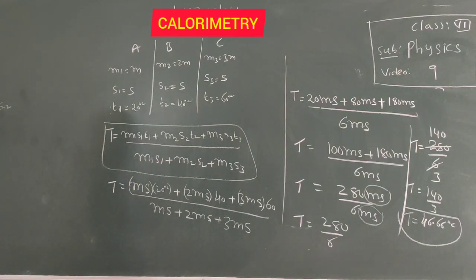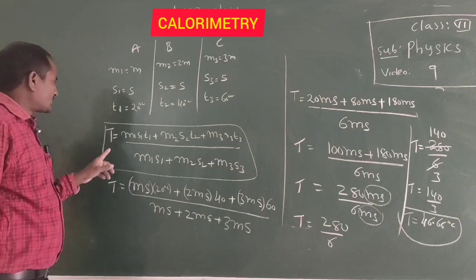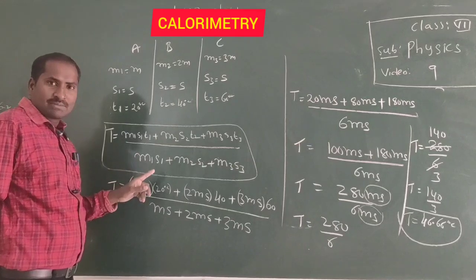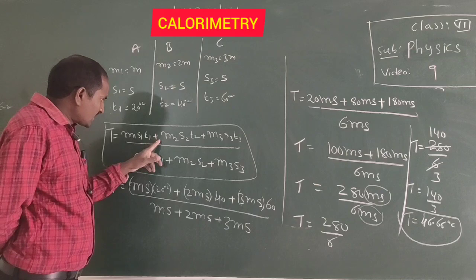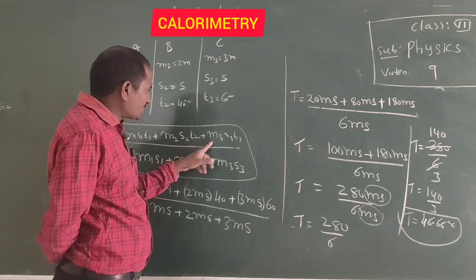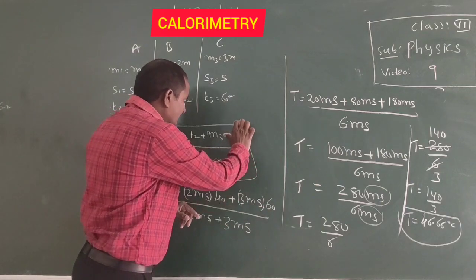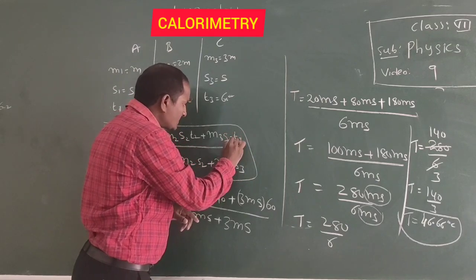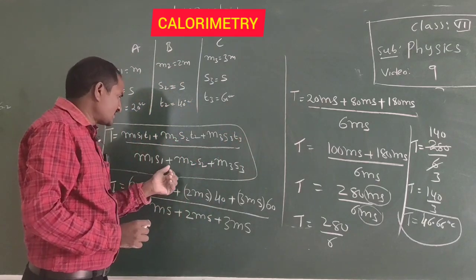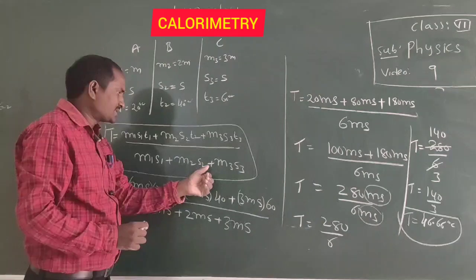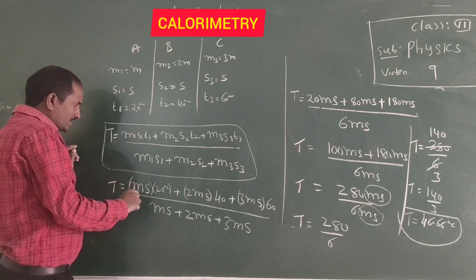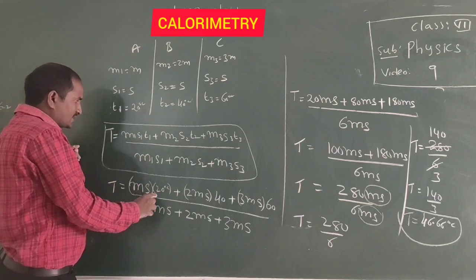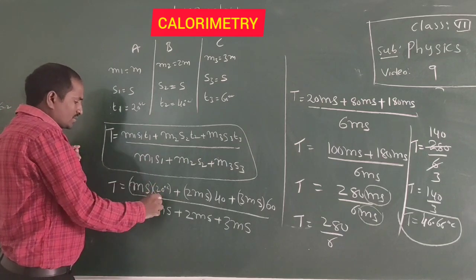Now these three are mixed together. Then find the resultant temperature. So the three liquids are mixed together. The resultant temperature formula is T equal to M1S1T1 plus M2S2T2 plus M3S3T3 by M1S1 plus M2S2 plus M3S3. So here T equal to M1 equal to M, S1 equal to S into temperature T1 equal to 20 degrees Celsius.